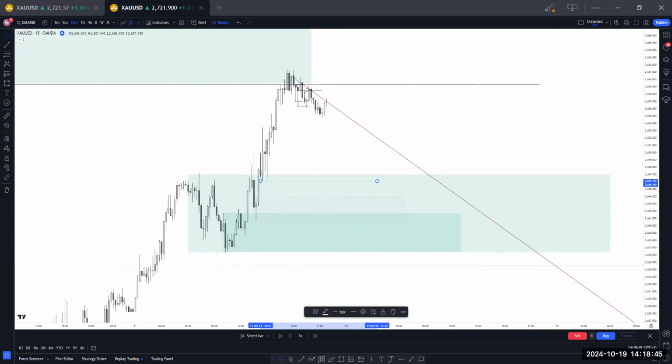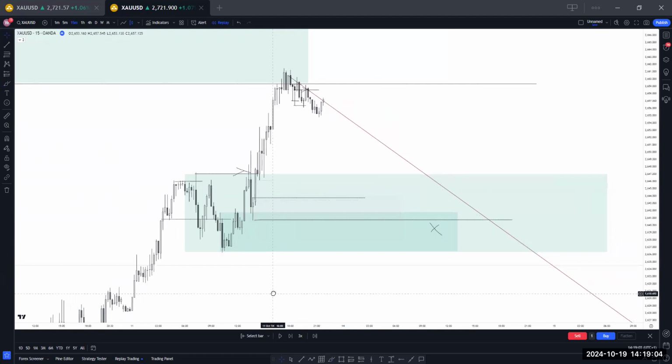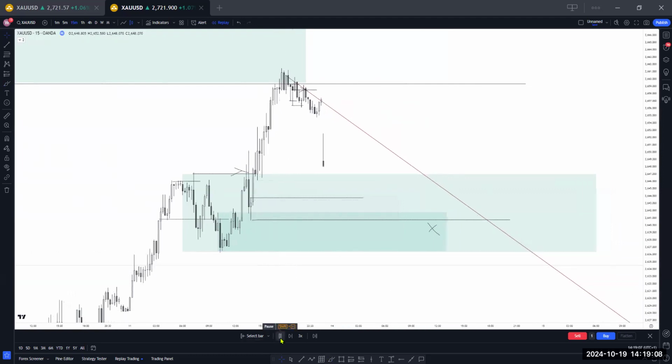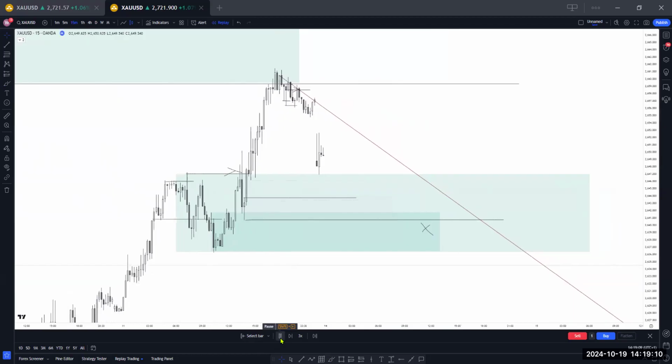Another thing I want you to note about this zone is that this is an MSU zone, which you can see: price took the high there, took the low, and then broke out. So this is your true breakout. This level within the engulfing, this guy can still serve as liquidity in the next set of days when price eventually comes into the zone. So a lot of these things are also helped by the fact that I knew what happened during the week. Okay, so crazy drop right there.